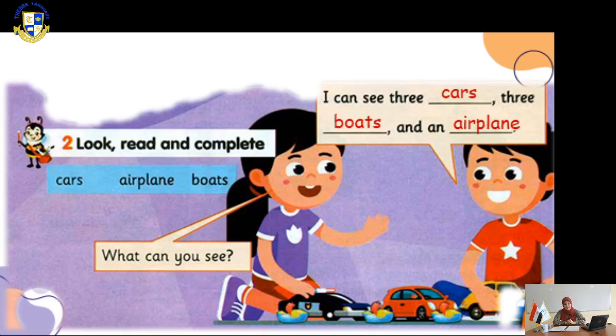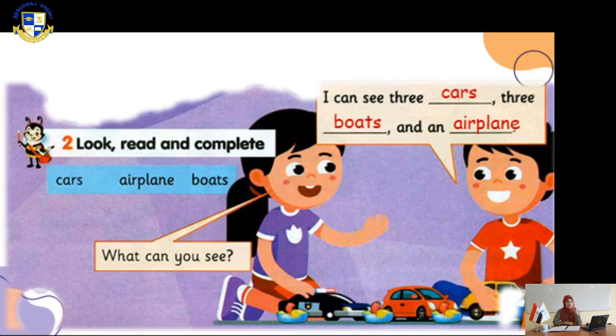Now, in the same page, page 68 in your student's book, exercise number 2, look, read, and complete. We have a words box. We have 3 words, cars, airplane, and boats. We are going to choose the plural words.